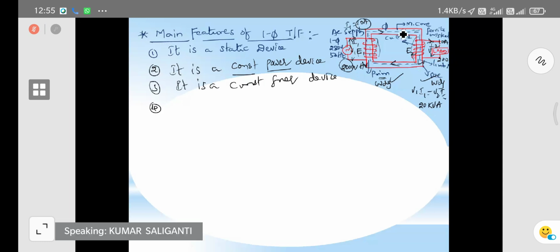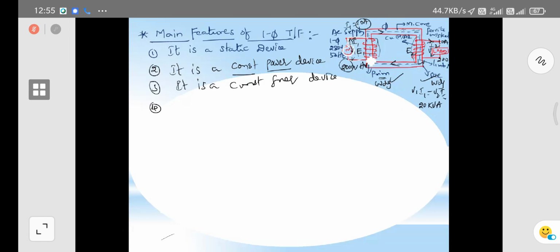You can observe here, it is a single excited device. Only one source is needed to excite both windings, both the primary as well as the secondary windings.